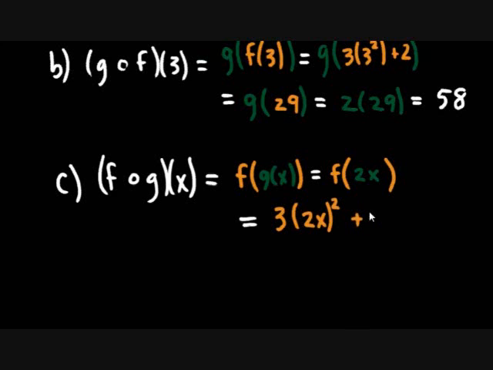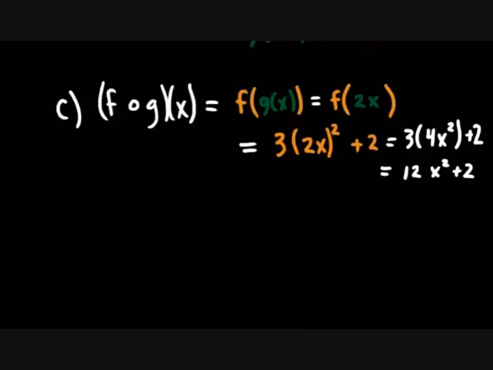So we have f of x equals 3x squared plus 2. So if we just let x equal 2x, we have f of 2x equals 3 times the quantity 2x squared plus 2. And so 2x squared is really the same as 4x squared, because you have to square the 2 and you have to square the x. So 3 times 4 is 12, and we still have that x squared there, so we have 12x squared plus 2, and that's f of g of x.